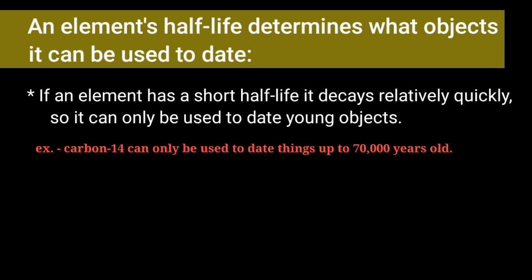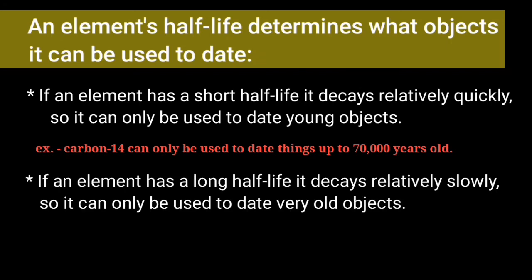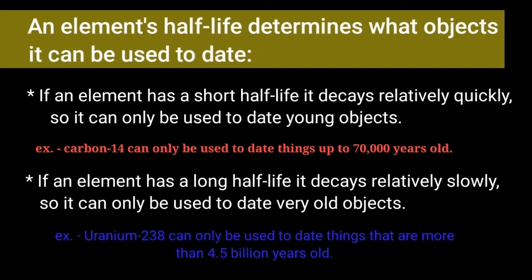If you date objects that exceed 70,000 years old, carbon-14 is not available. If an element has a long half-life, it decays relatively slowly, so it can only be used to date very old objects. For example, uranium-238 can only be used to date things that are more than 4.5 billion years old.